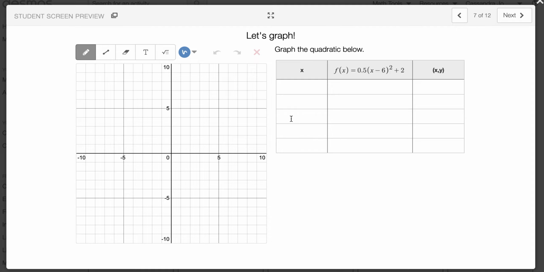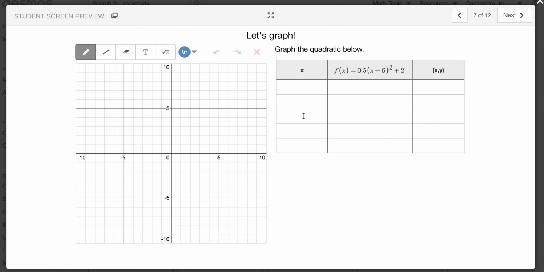That would help us if all quadratics were centered at 0. But we don't know where our quadratic is centered. It's centered on the vertex, and we don't know where that is. So a good first step is to identify the vertex, and that will go in the middle.